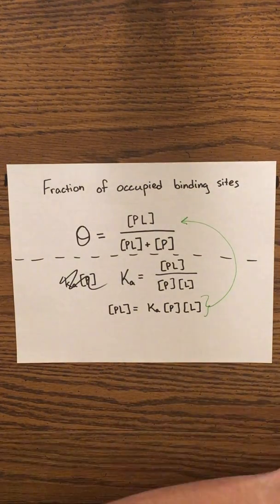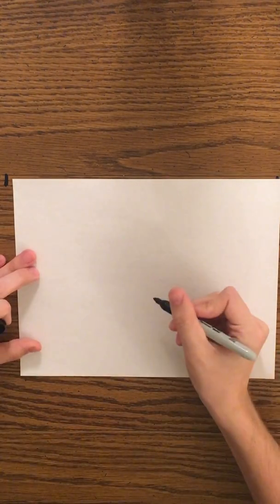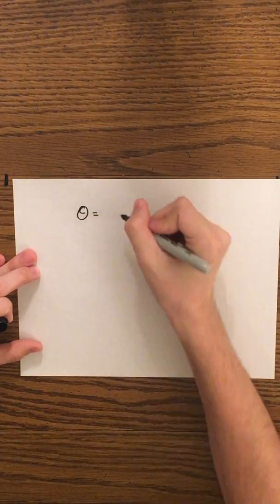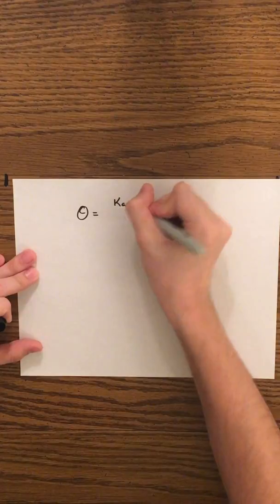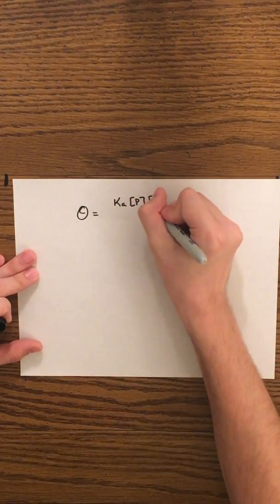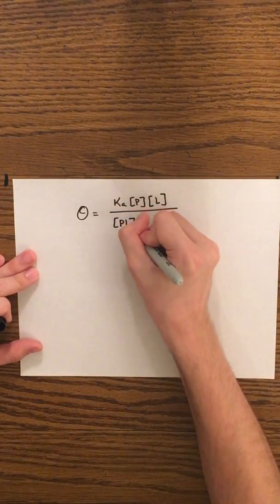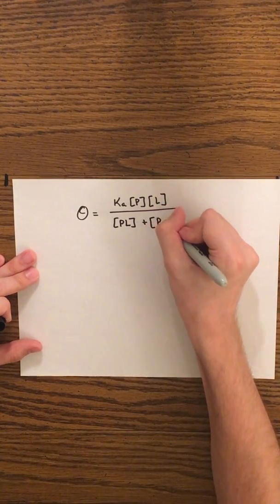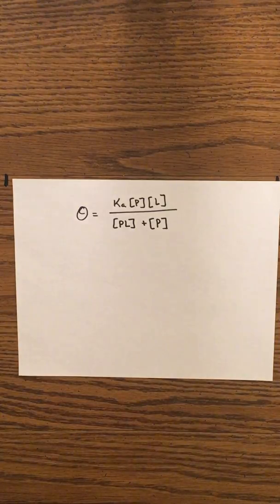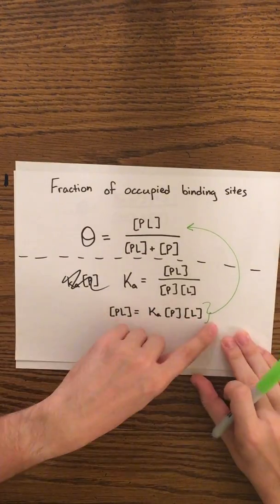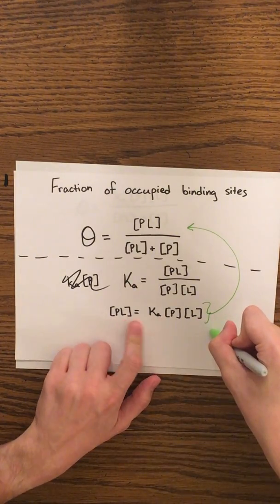Okay? So then that leaves us with our fraction of bound sites being equal to Ka P L over the concentration of PL plus the concentration of P. Alright, and then our next step is eliminating P. So going back here, again, we can change this concentration of PL at the top.